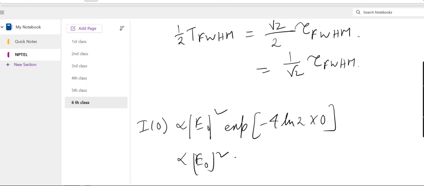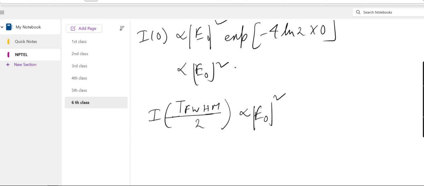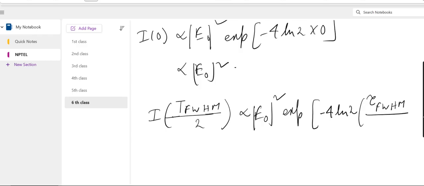At t equal to T FWHM by 2, it is proportional to E naught square exponential minus 4 ln 2 tau FWHM divided by 1 by root 2 tau FWHM, because this is basically 1 by root 2 tau FWHM.